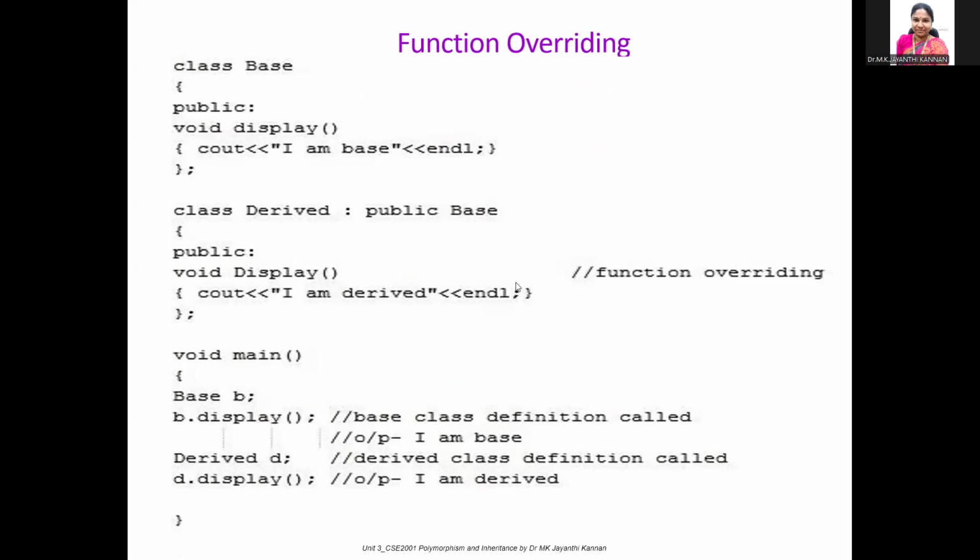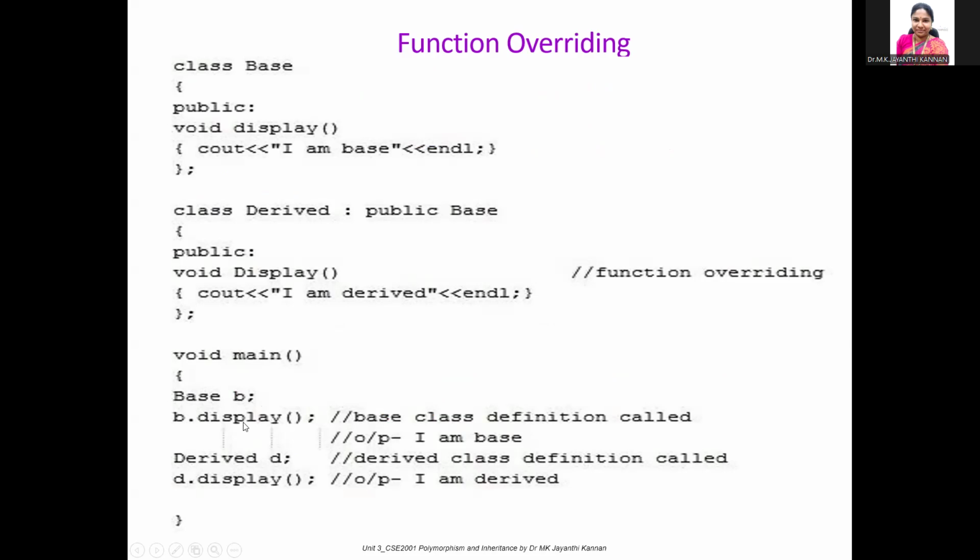Take function overriding: here we have the base class, which has a display function, and we have the derived class, derived from the base class. Here also we have the display function. In the main program, we call b dot display.